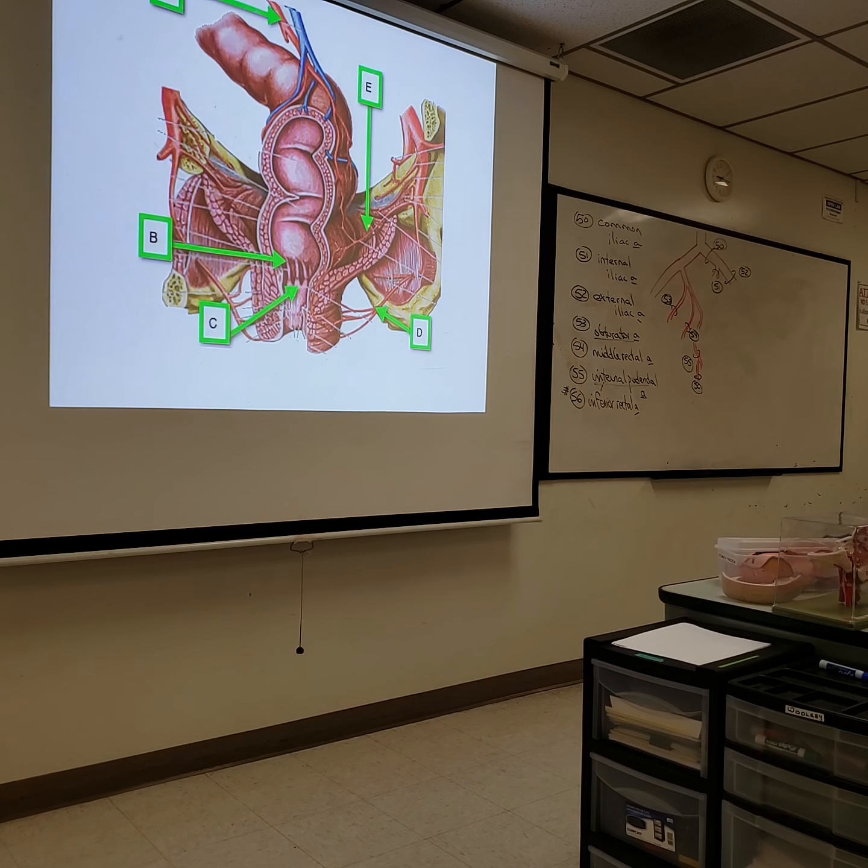And this branch here going to the rectum is the middle rectal. So E is the middle rectal. This branch here then becomes the internal pudendal. So all of this is internal pudendal, and going to the anal canal is the inferior rectal. Okay? All right, we'll be done.